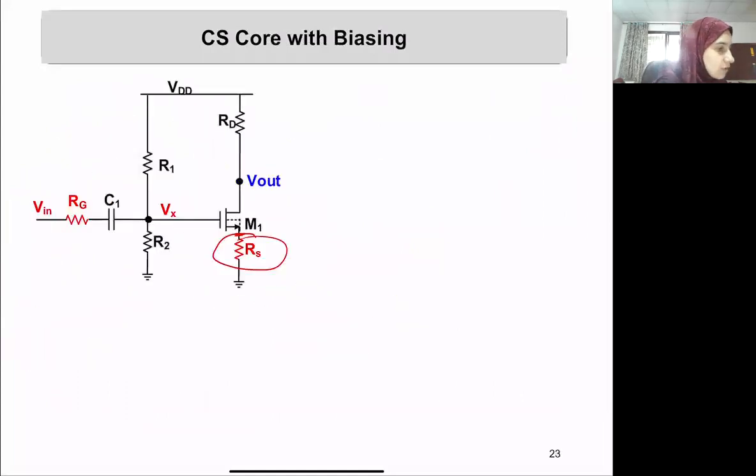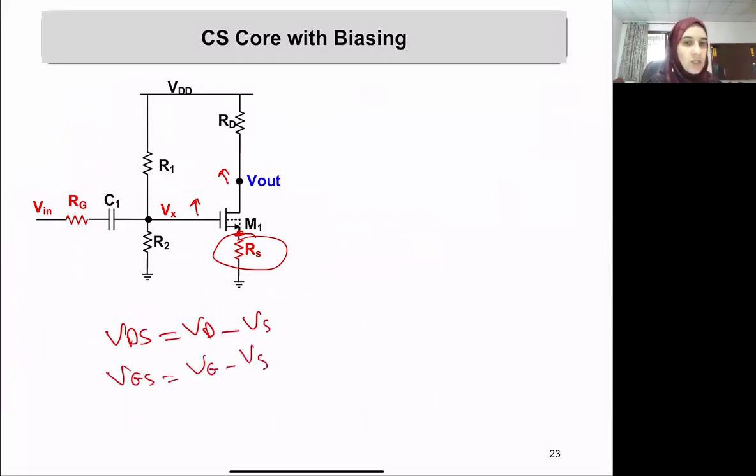Now, if this Vx moves up and this VG moves up, since VDS remains VD minus VS and VGS remains VG minus VG minus VS, they will stabilize each other, meaning that if this VG goes up, the VGS will go up.